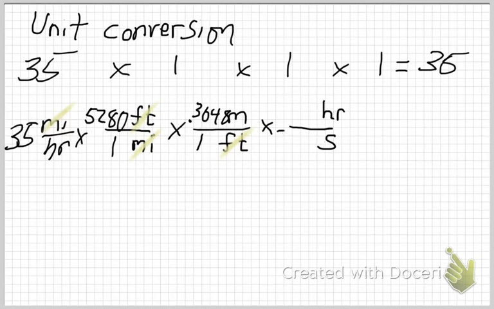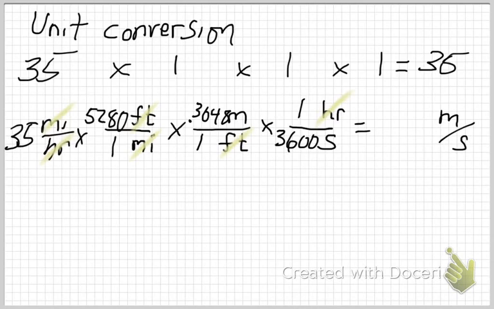Okay, so there are 3,600 seconds in 1 hour. Our hours units are going to cancel right there. And what we're left with is, the only things remaining in the numerator are our units of meters and seconds.